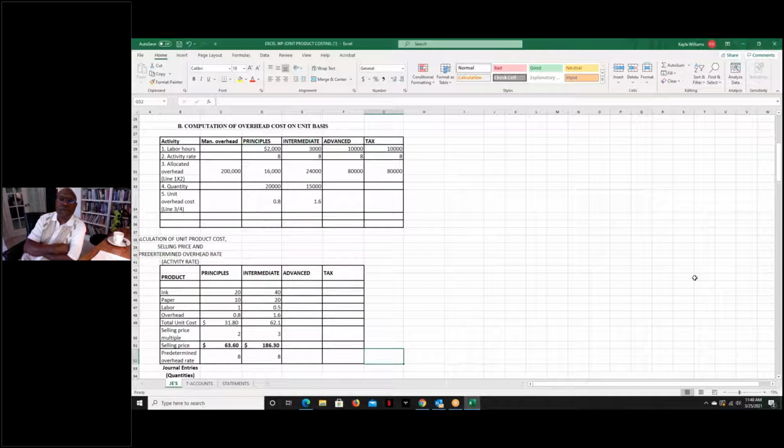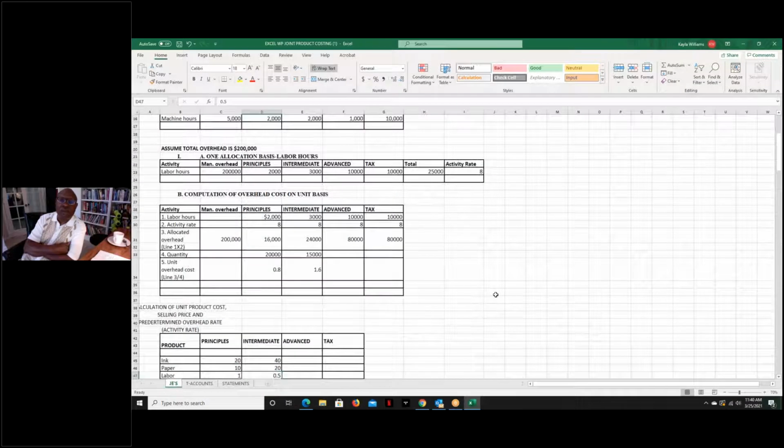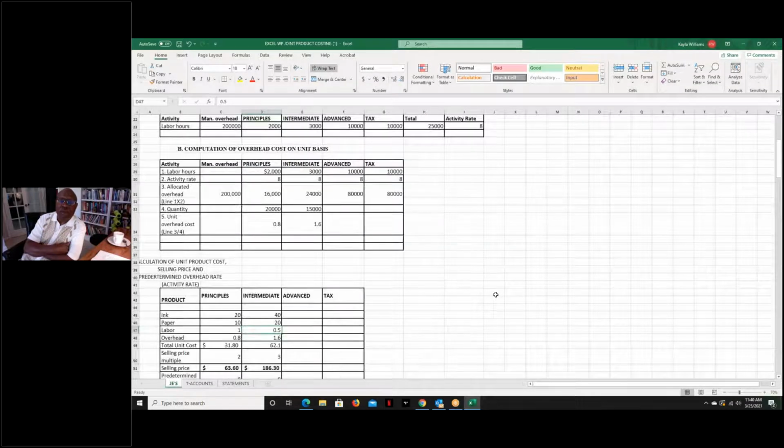Wait, Caleb, for labor, it's supposed to be 2, not 0.5. Is it? Yeah, we're dividing. We're supposed to divide 10 divided by 5. Oh, okay.